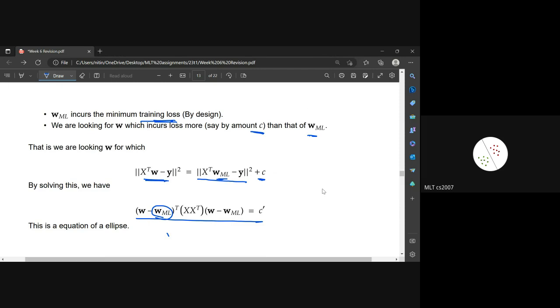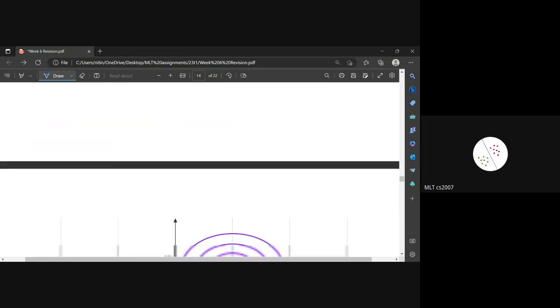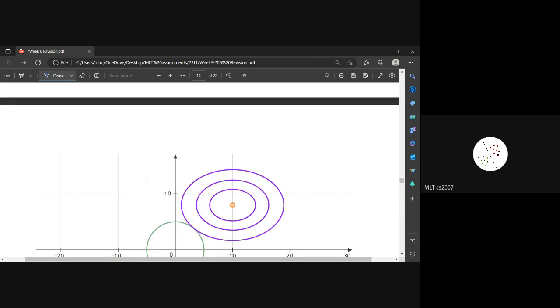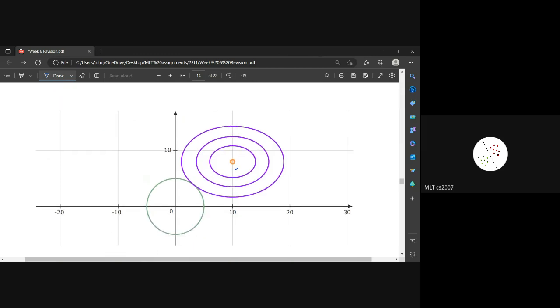So you are finding your W from the ellipses whose center is this WML. And we have already seen you are looking for your W inside this circle only. If you go far away from this WML, you will suffer more loss.